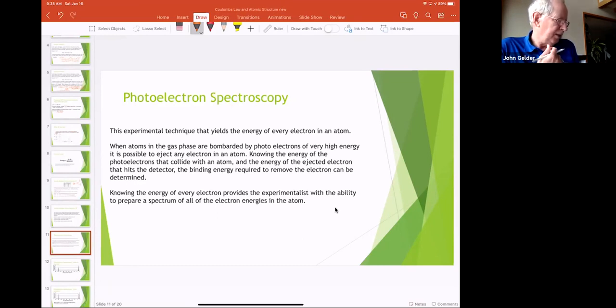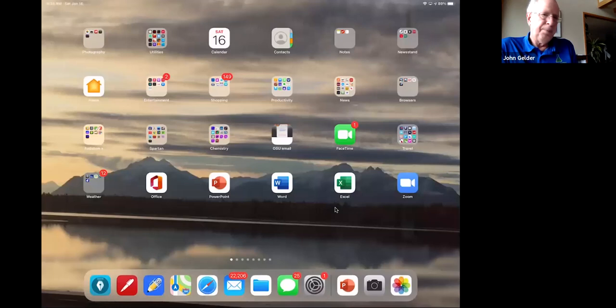And an experiment is described in that second paragraph, where we shoot photoelectrons at atoms.